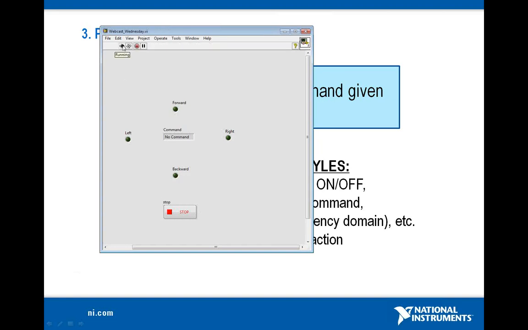Now as soon as I run the VI, whenever I speak forward, the forward LED is supposed to glow. Whenever I speak right, the right LED is supposed to glow. And the recognized commands will also get displayed in the string indicator. Let us see how it works. Forward.